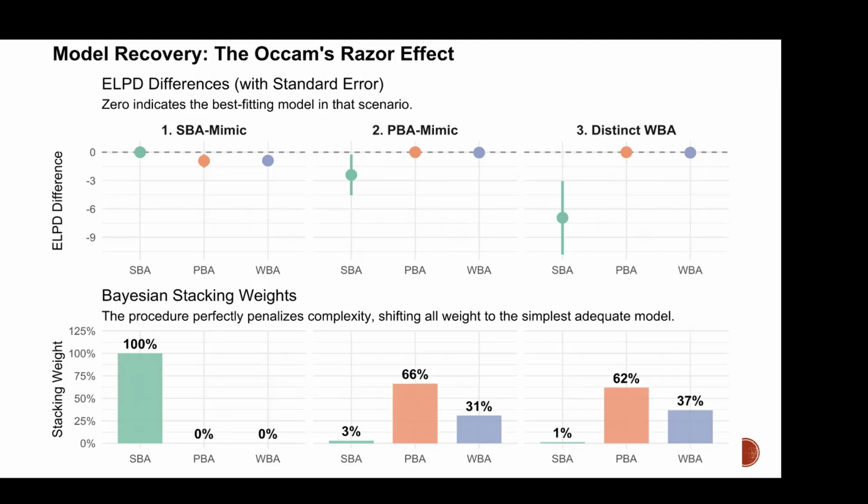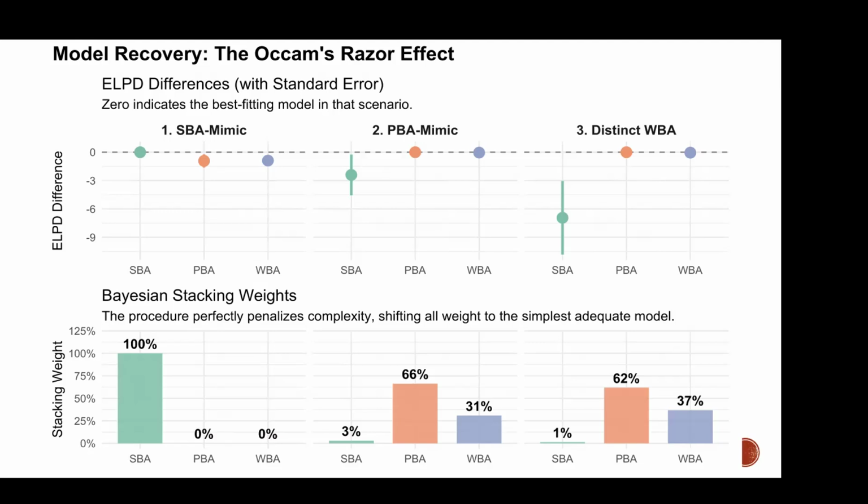Yeah. It lacks the parameters. And in the last case, the WBA still managed to capture something with that really bad kappa parameter. So that might push it a bit up, but then again, it's more complex, so that might push it a bit down. And ultimately, you end up with the PBA because of this complexity.